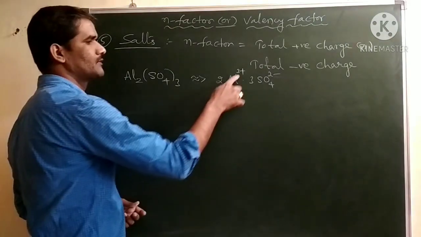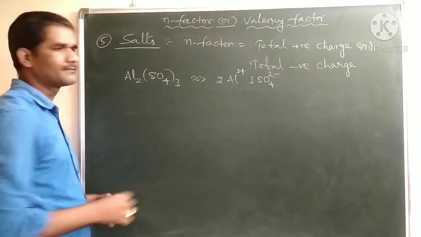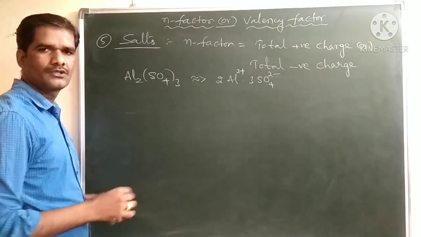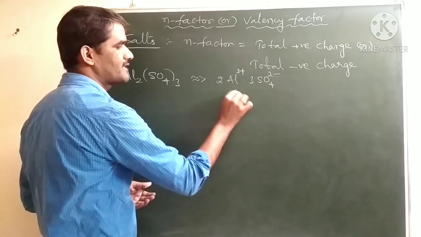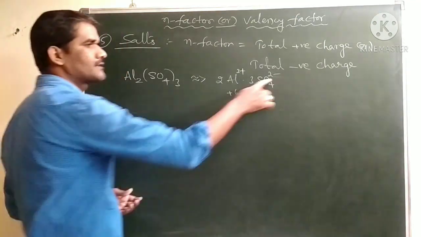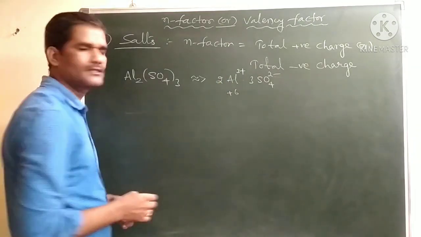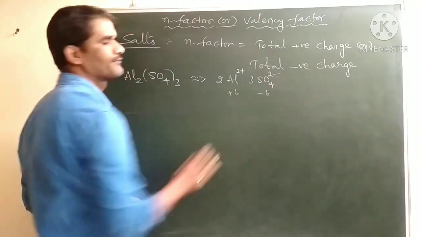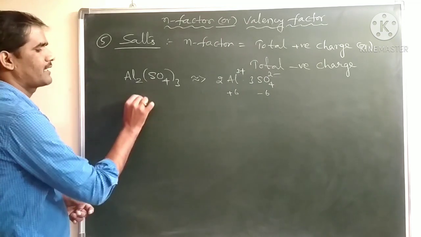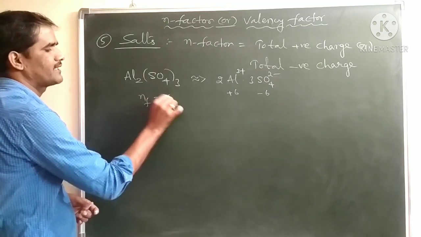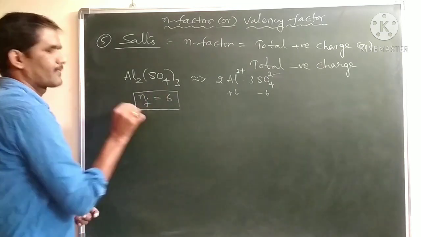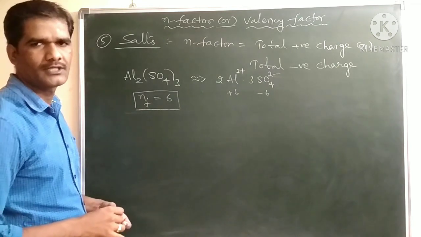Now, aluminium carries 3 plus, but there are 2 aluminiums, so the total positive is plus 6. Sulfate carries 2 minus, and there are 3 sulfates, so the total is minus 6. So you can take any one. The N factor for aluminum sulfate is 6, either total positive or total negative.